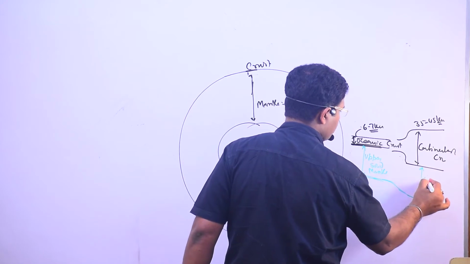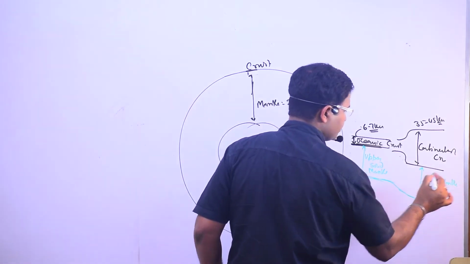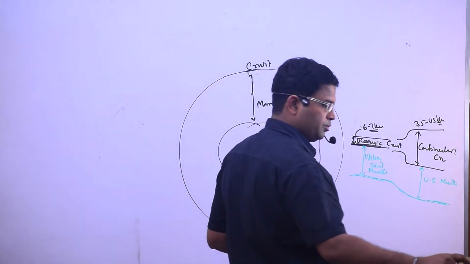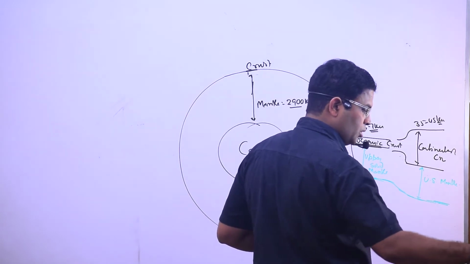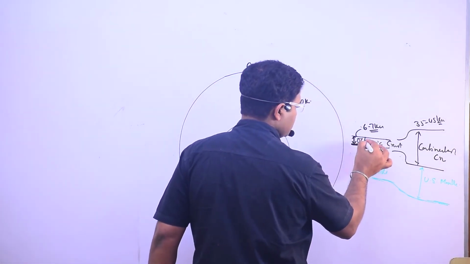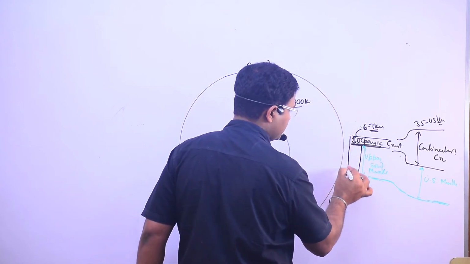This is the upper solid mantle. So this part is crust and this part is upper solid mantle. Together they become the plate.